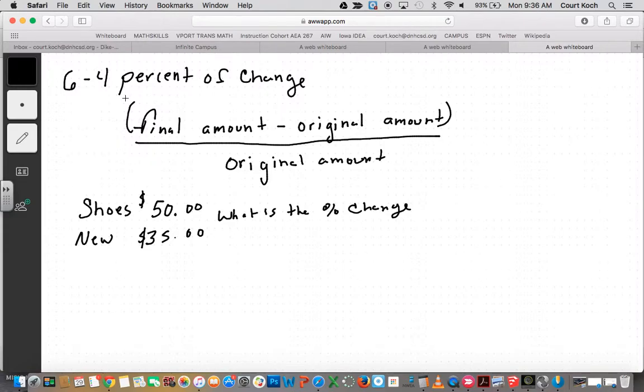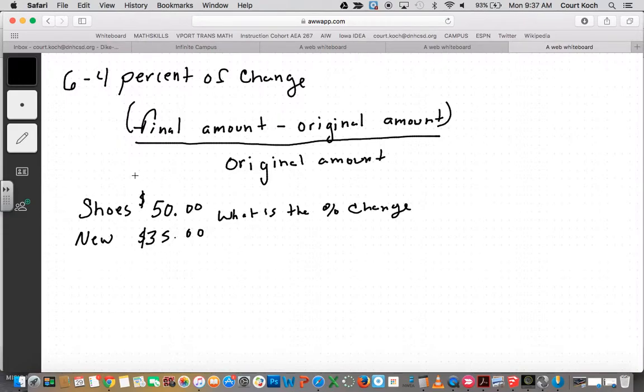But our equation basically is where we take the final amount and subtract out the original amount. This is the only way that it works. Final amount minus original amount, and then we divide that by the original amount. I've put parentheses around the top here. Because there are parentheses around the top, you have to do this first, and then you divide by the original amount.